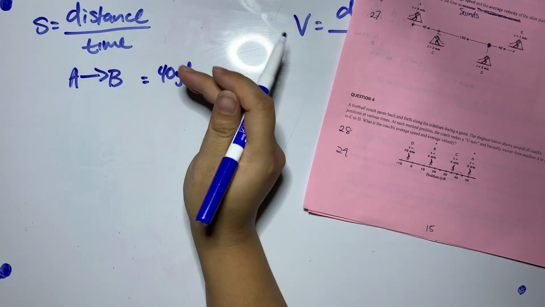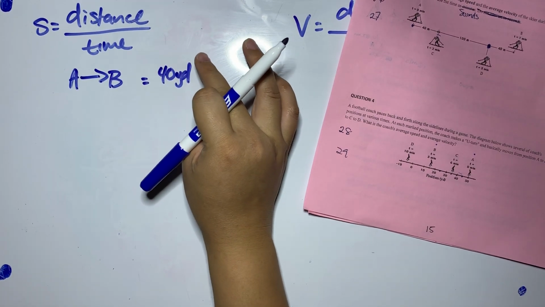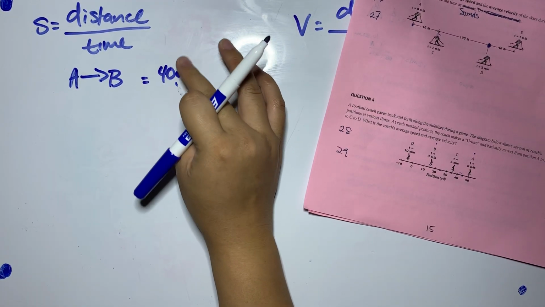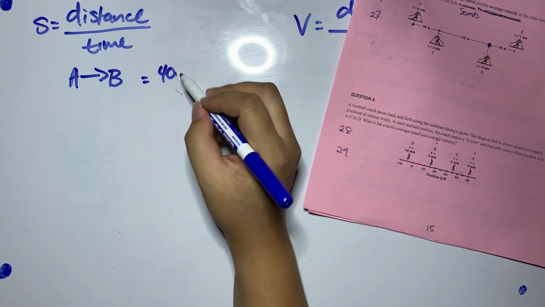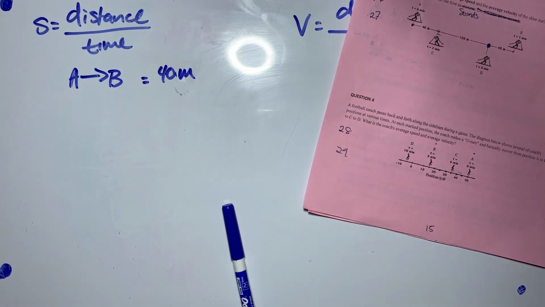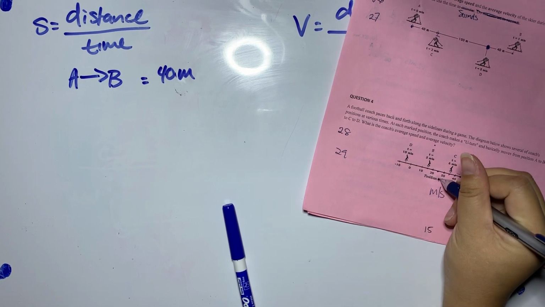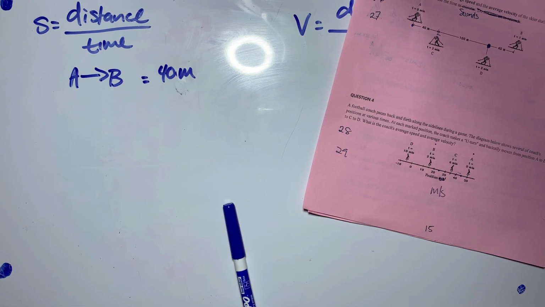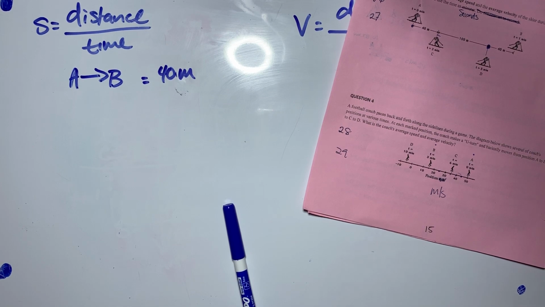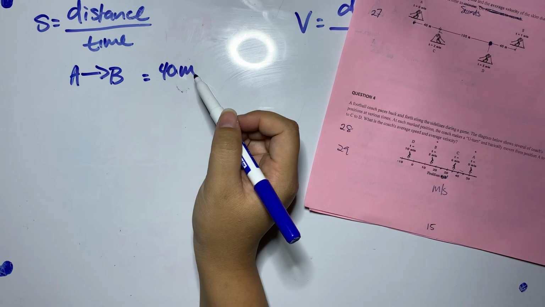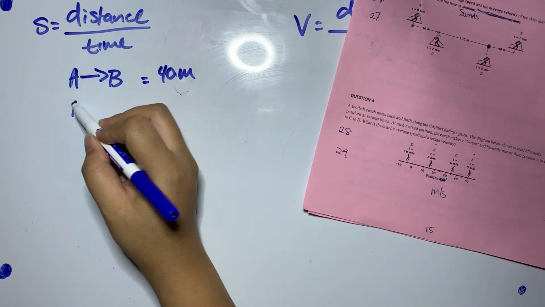Let's just pretend this yard is actually meters, because everything we do is going to be meters per second, every little thing we do. The only time it's not is if I give you kilometers, but you still have to convert. A to B is 40 meters.